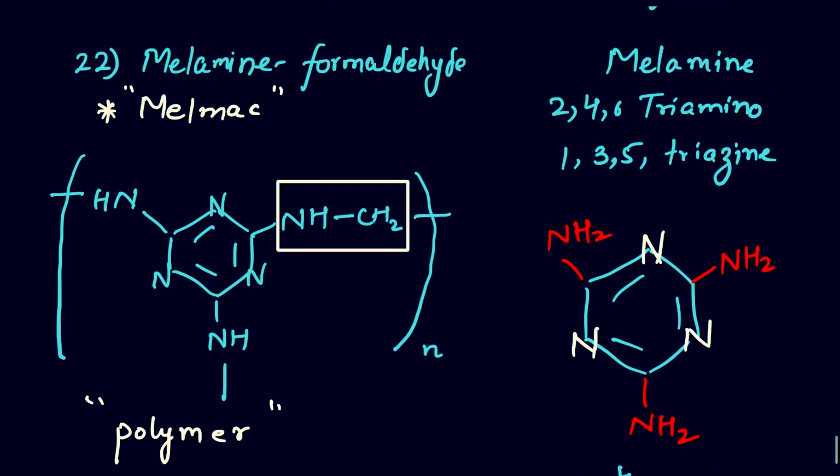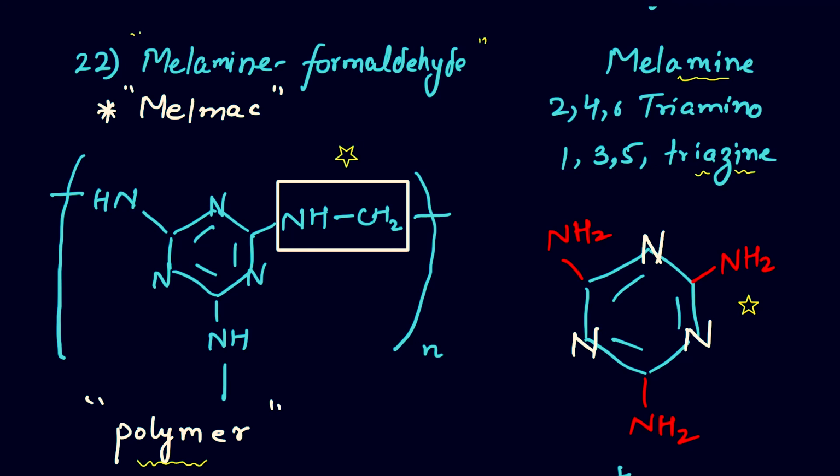Our next polymer is melamine formaldehyde resin. Its monomers are melamine, which is 2,4,6-triamino-1,3,5-triazine, and formaldehyde. This is the polymer representation of melamine formaldehyde.